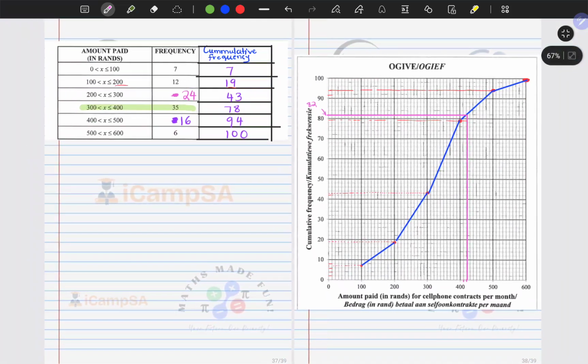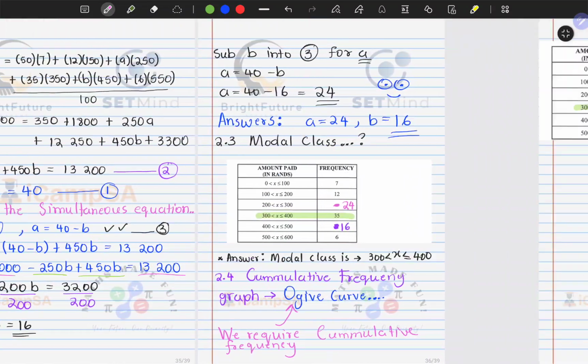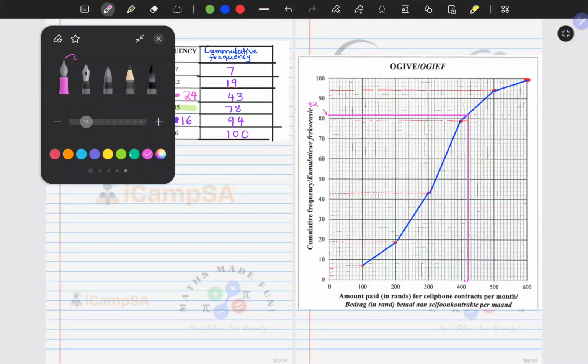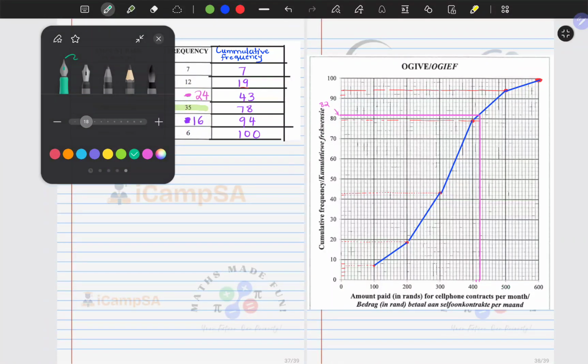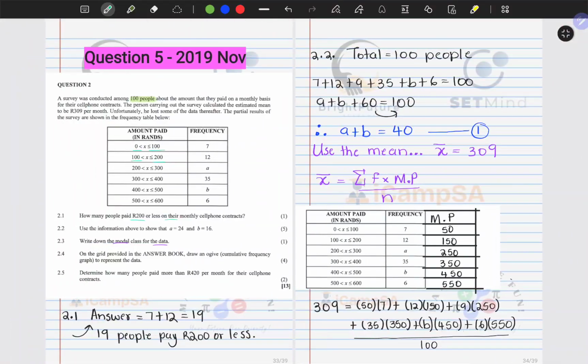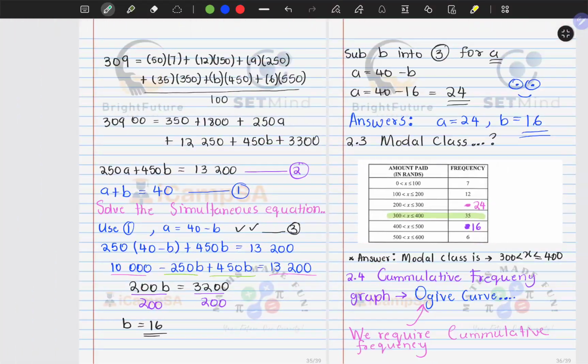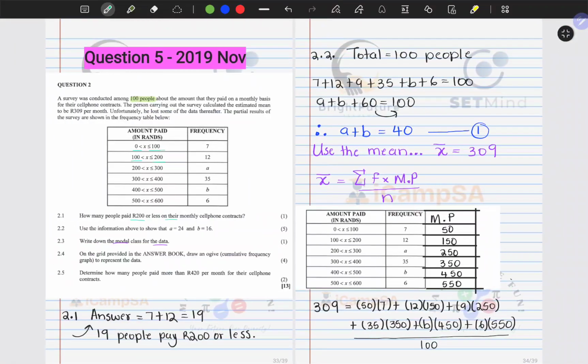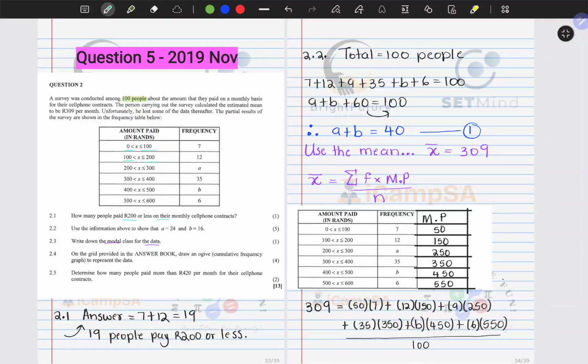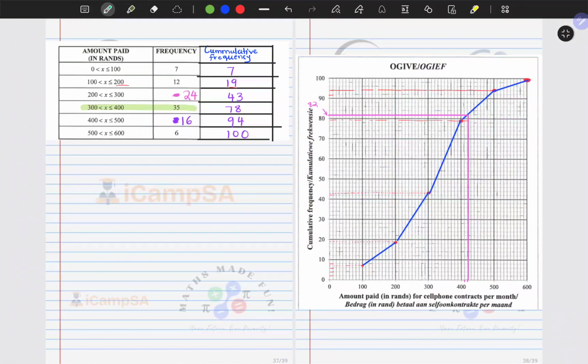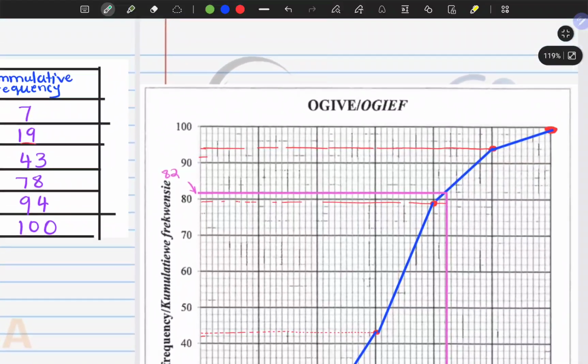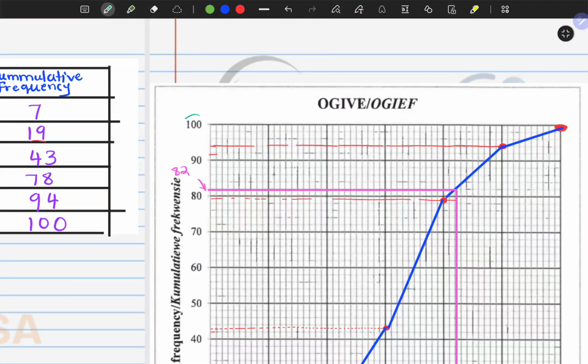Okay, now let's think of what this means. So if you observe carefully, they were asking how many people paid more than 420. So if you think carefully, it's 82, and the maximum number of people, remember, it's 100. So it means the number of people who paid more than that a month is essentially this difference here.